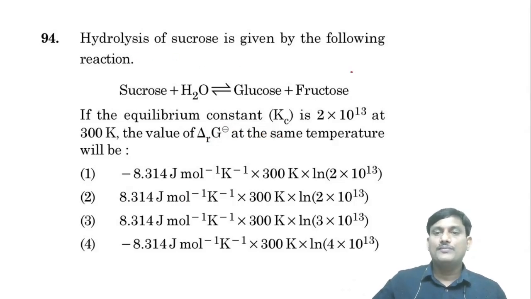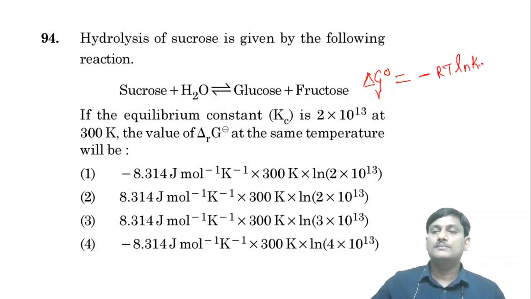We know that delta G naught of the reaction is equal to minus RT ln Kc. If the base is e, this is the equation. If the base is 10, the equation will be minus 2.303 RT log base 10 Kc.